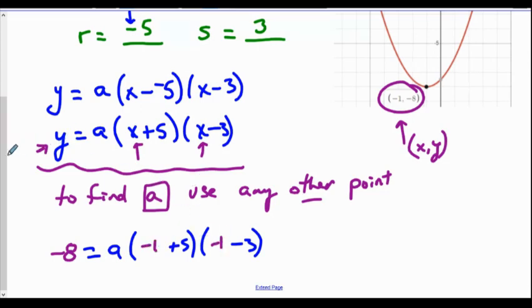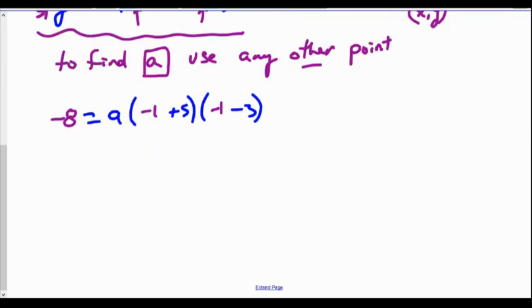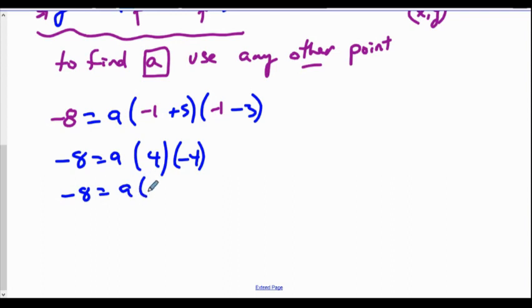Okay, so just a little bit of math now, and we'll have this solved so that we can find what this equals. Let's see, -8 equals A times 4 times -4. -8 equals A times -16. Divide both sides by -16, and I see that A equals a positive 1/2.